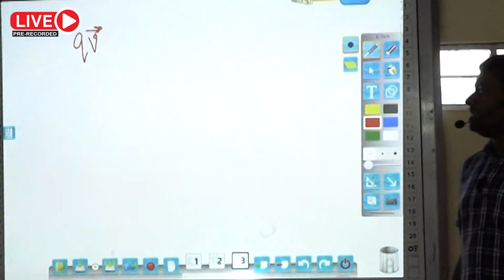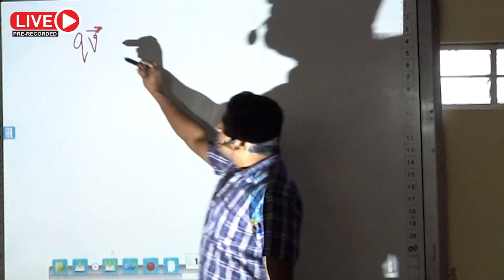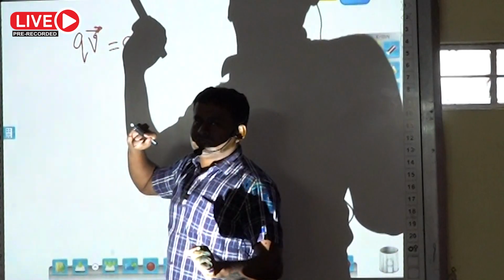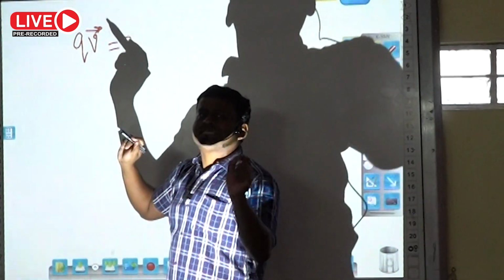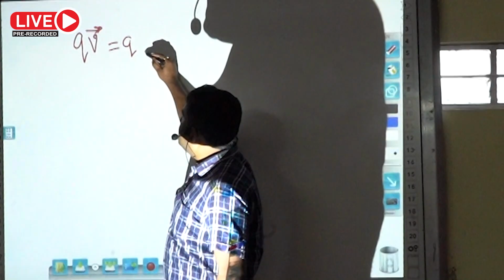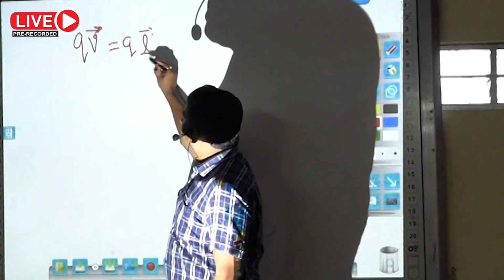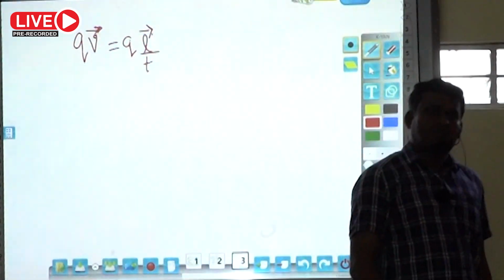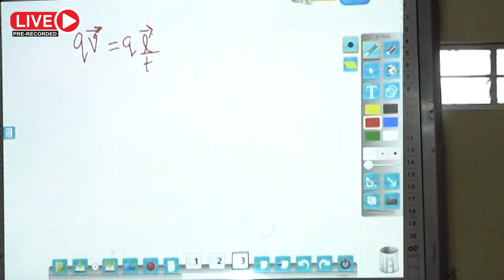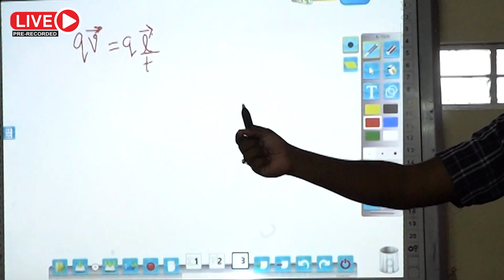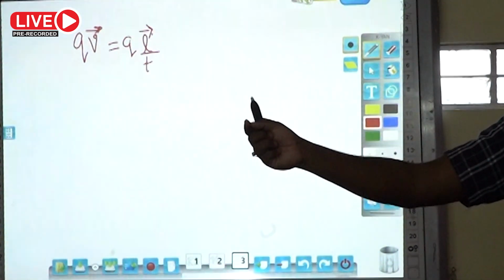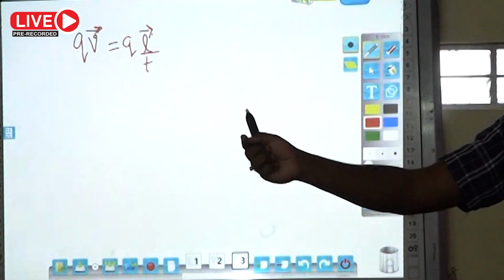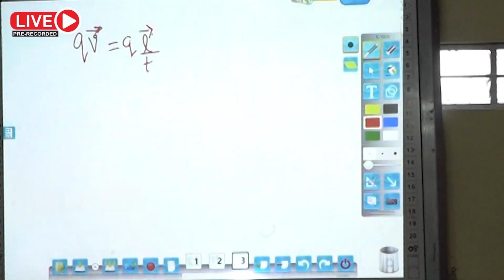So we can as well write that if this charge, first we consider only constant velocity, is moving through a distance L, then this velocity can be written as L by T. If the charged particle is moving through a distance L with uniform velocity, then the velocity of the charged particle is L by T. Then what is Q by T?